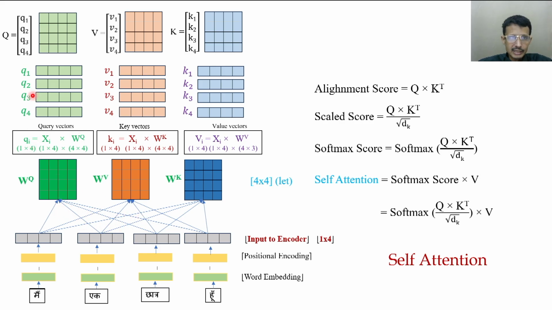So Q1 is basically x multiplied by WQ. It is 1 by 4 into 4 by 4, which gives a 1 by 4. Such 4 vectors will come because there are 4 words in this particular sentence.